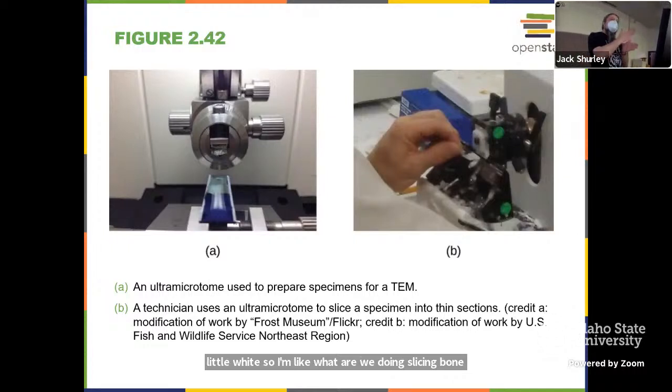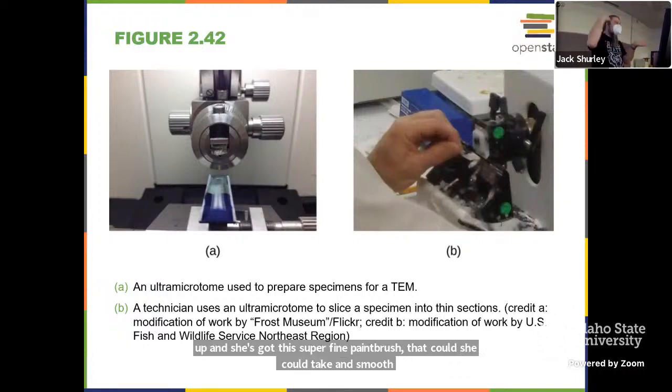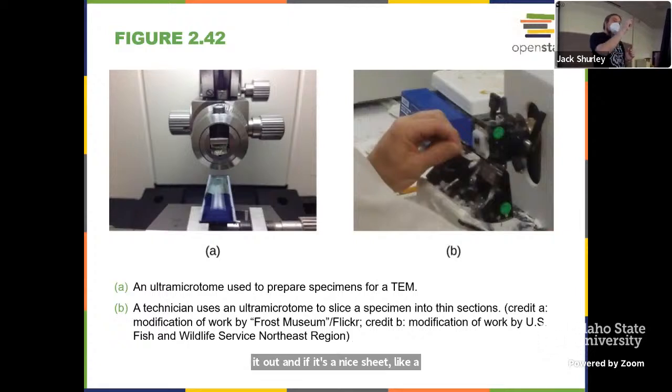Was what she was doing, and every little slice that came up, she's got this super fine paintbrush that she could take and smooth it out, and if it's a nice sheet, like a little sheet of bone, she would stick it onto a slide, and if it's all blobbed up together, which lots of them do until you get through the bone to the right bit, apparently, there's lots of it that's just getting brushed away, little bone shavings until you get a nice piece. Awesome, right? Very cool stuff.